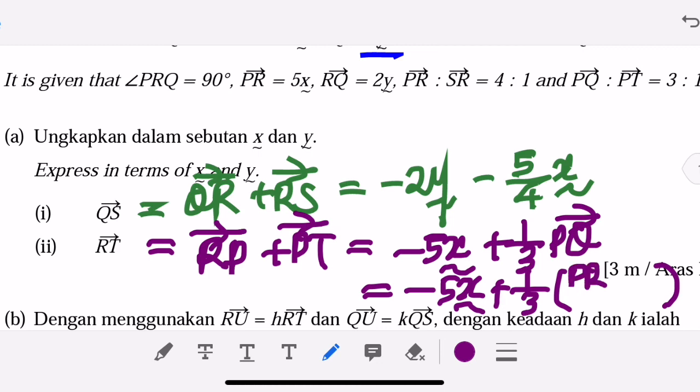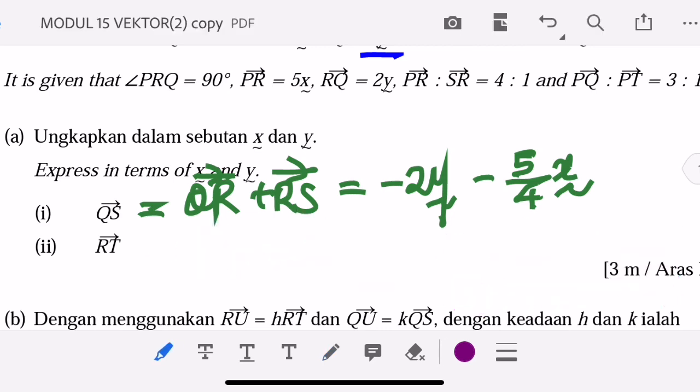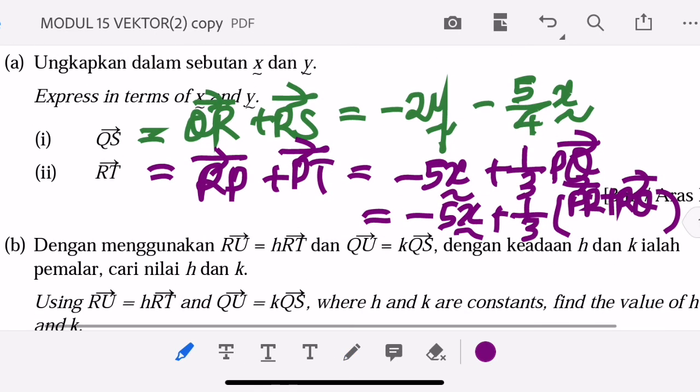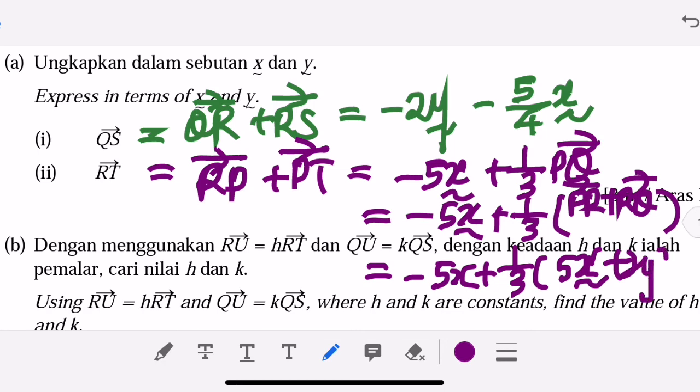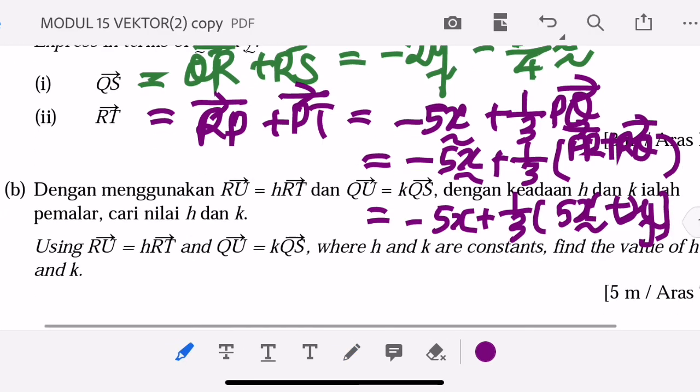Alright, so PQ is actually PR plus RQ, right? So we are going to substitute the vector into the PQ before we simplify. So we have negative 5x plus 1 over 3, and then PR is actually 5x plus the RQ is actually 2y.